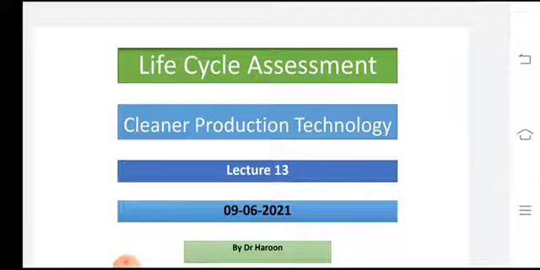Then we can plan our different procedures: how to obtain the data, how to maintain the inventory, what kind of inventory is required. All these things will be followed in that case. But first of all, we should know what we are going to do with this assessment certification.